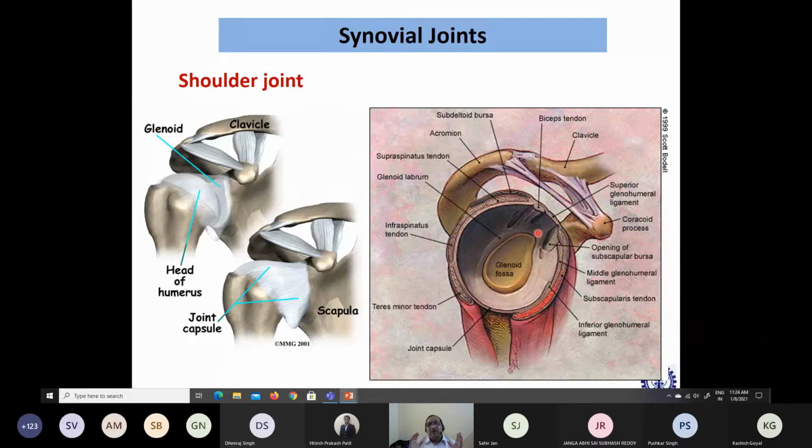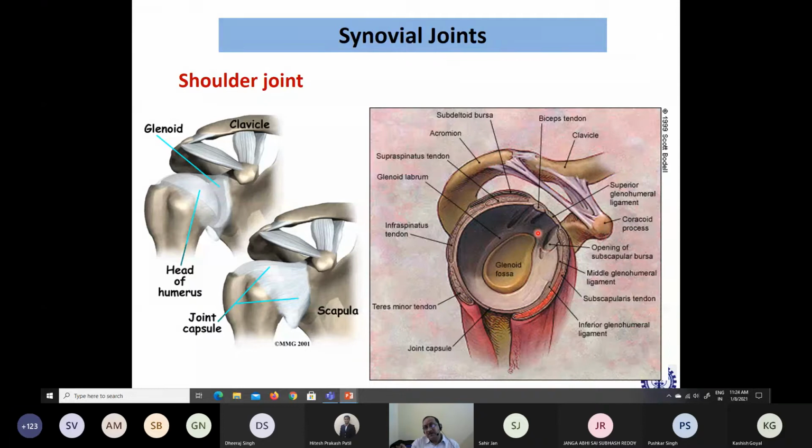Now, there are two things here. As we discussed earlier, one of the major functions of bone is to provide stability, and through its articulating joints it also provides mobility.